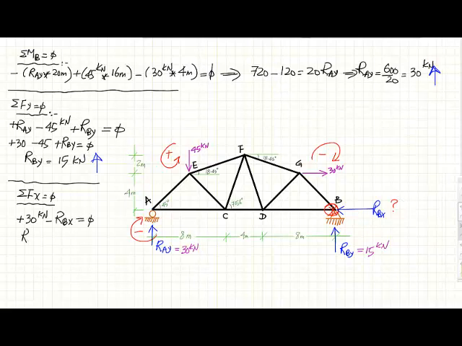So this means RBX is equal to 30 kilonewton, and again the result being positive means the suggested direction for the force is correct, and that is the direction for the force. That is for the calculation of reactions.